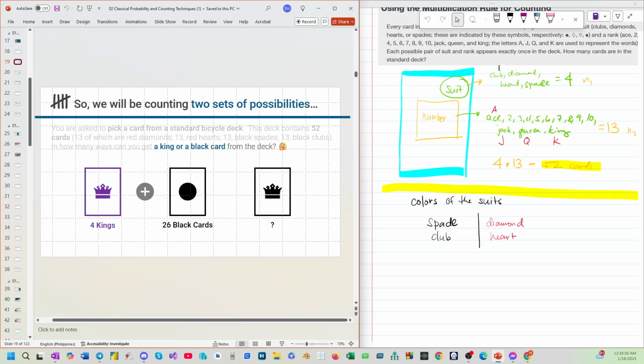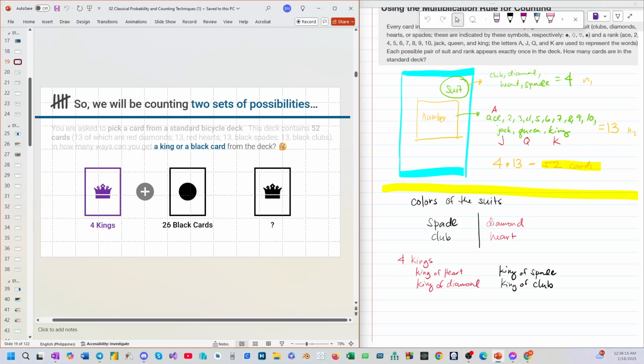We know that for each suit there is a king, so you have four kings: the king of hearts, the king of diamonds, the king of spades, and the king of clubs. So you have four of it.